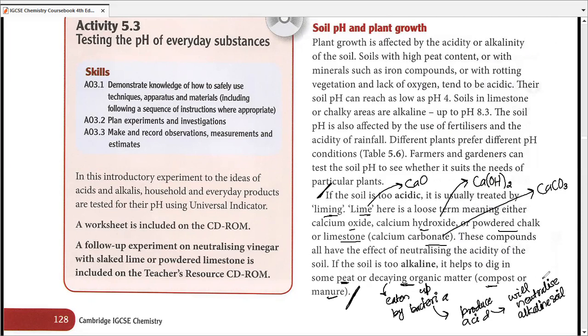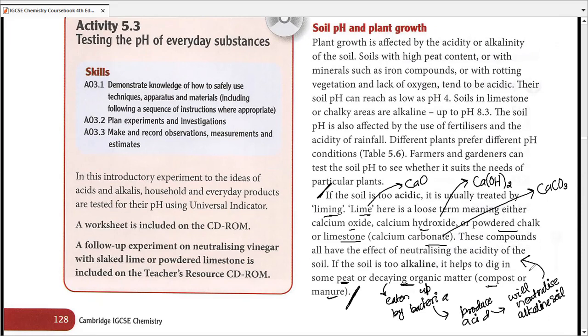So farmers are clever enough not to directly put acid into the soil. There's no point in doing that. Most acids are reactive. They're going to react with different materials in the soil.